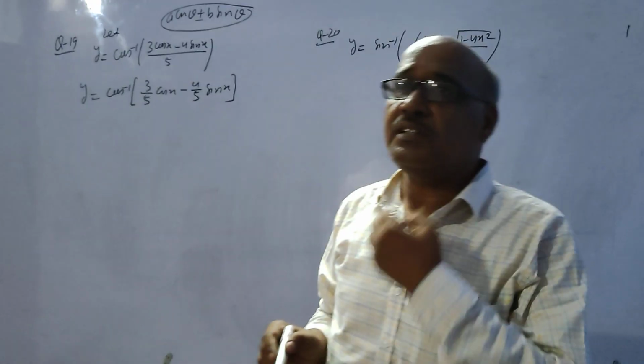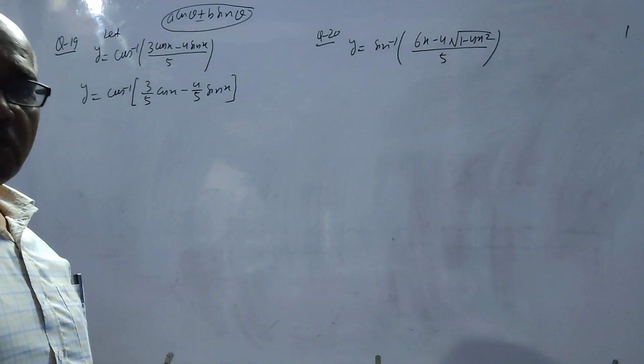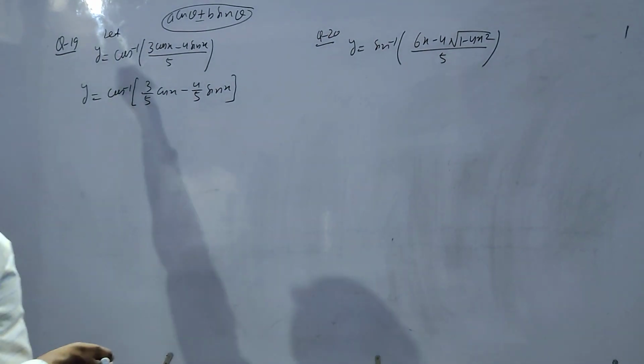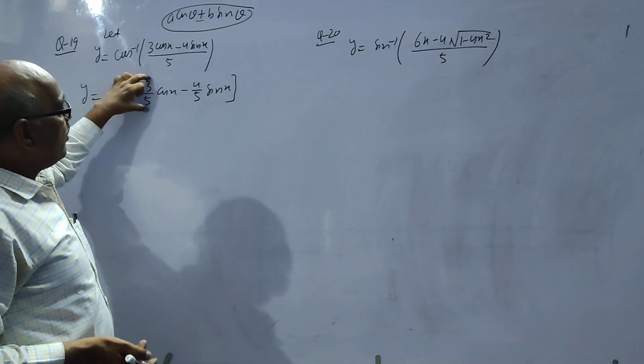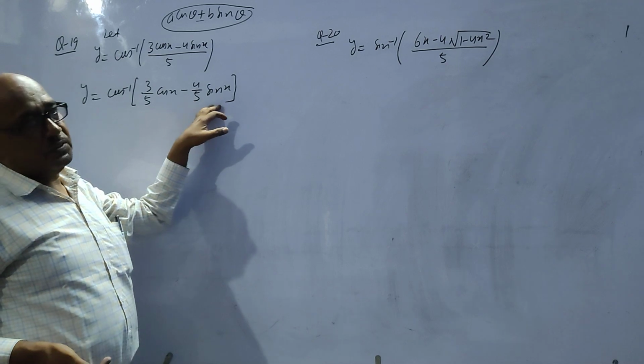Now this is the form, which form is it? That is a cos theta plus or minus b times sin theta. This has to be converted either into sin (a plus b) or sin (a minus b) or cos (a plus b) or cos (a minus b). So cos inverse of 3 upon 5 times cos x minus 4 upon 5 times sin x.